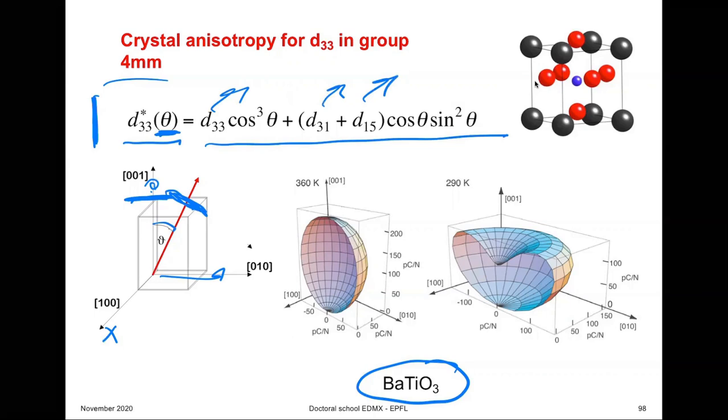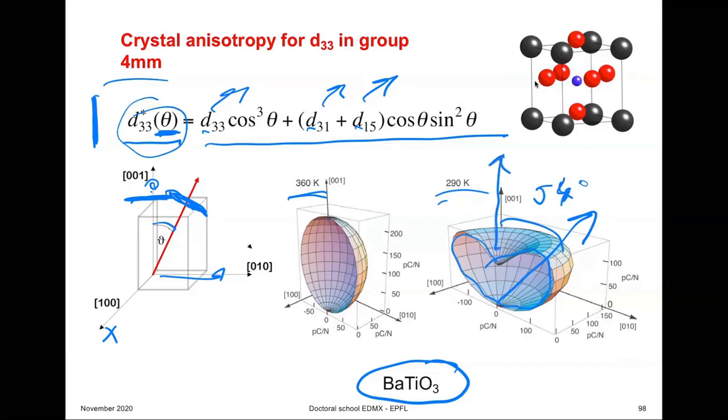Now we take these values at two different temperatures, 360 kelvins and 290 kelvins, and we calculate how D33 changes in space. We find that we get this elliptical or ellipsoidal shape at 360 kelvins, but it changes shape when we go to 290 kelvins. Actually, the piezoelectric coefficient becomes larger at some angle, approximately 54 degrees away from the polar axis.